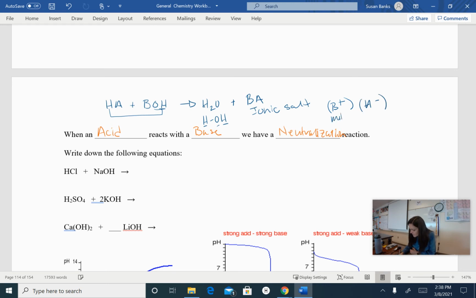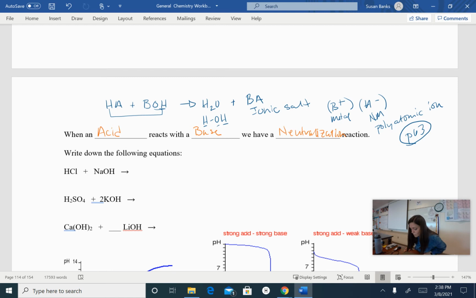Usually B is a metal, and A can be a nonmetal or a polyatomic ion. So you are going to want to look at your polyatomic ion chart on page 63. This is going to help you. And remember the ions on our periodic table, okay?